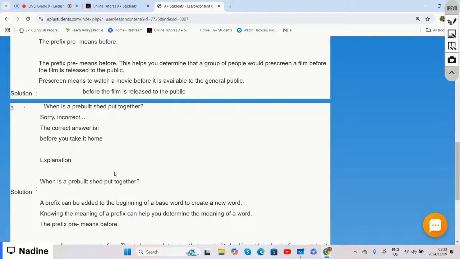And when you pre-build, right? So when is a pre-built shed put together?